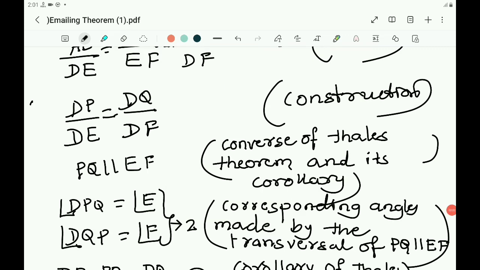In second, we got that angle E is equals to angle DPQ and angle F is equals to angle DQP.